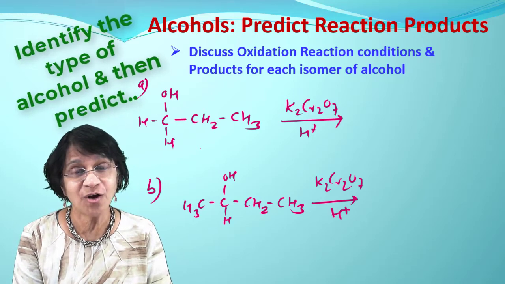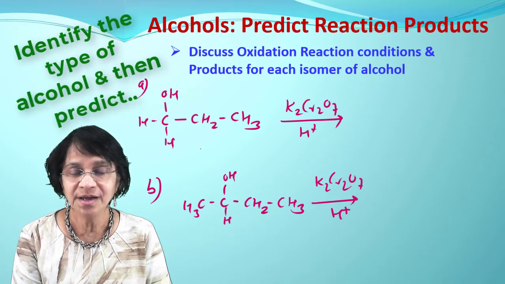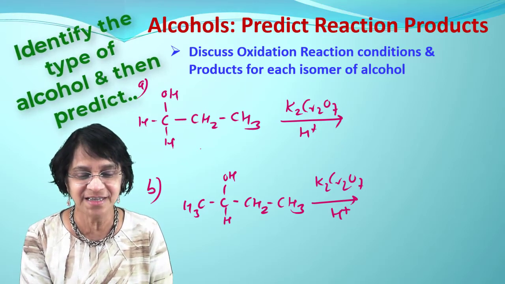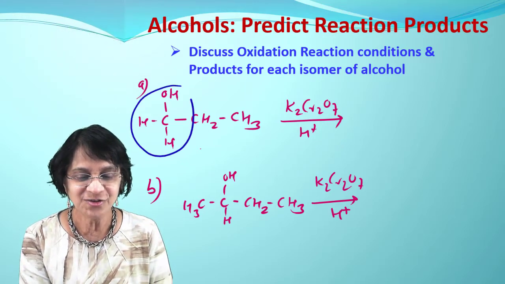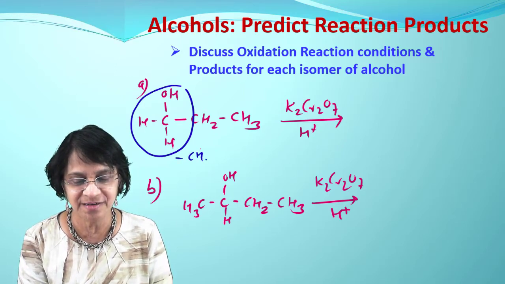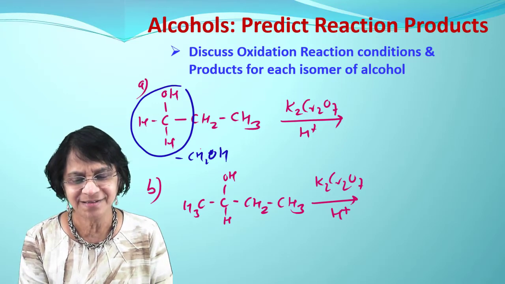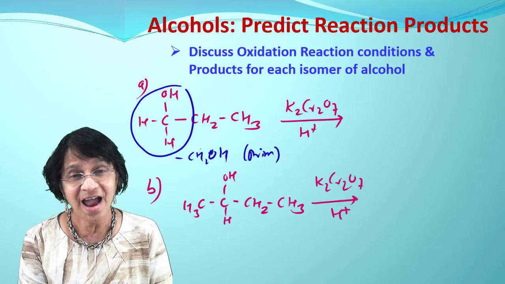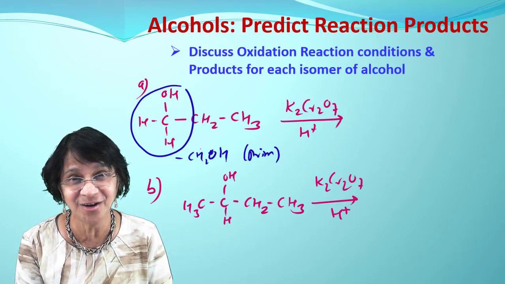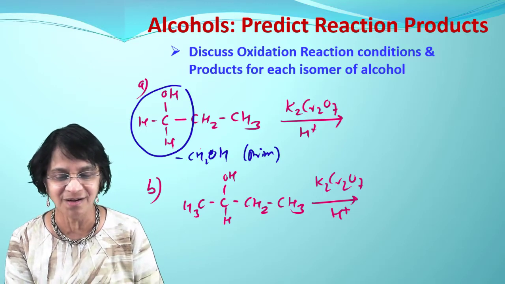Now let's find out for each molecule if it is primary, secondary or tertiary, and then predict the products. For alcohol molecule A, what we have there is CH2OH. That makes the group a primary alcohol. And what happens to primary alcohol? We discussed this in our reactions video for alcohols.